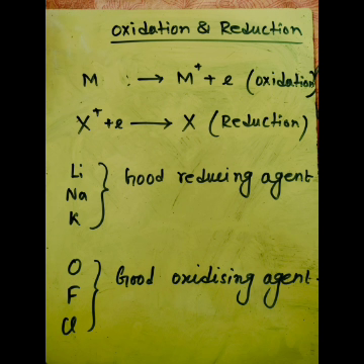But in the case of fluorine, when fluorine gains an electron, it acquires an octet electronic configuration. So it cannot remove an electron from its valence shell; rather, it accepts an electron.